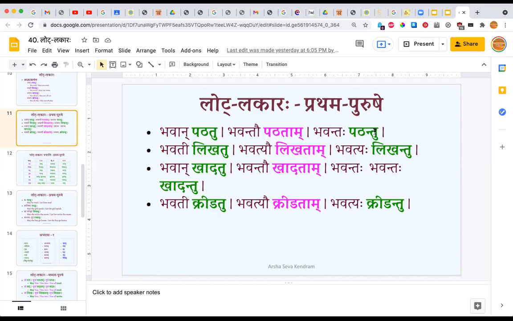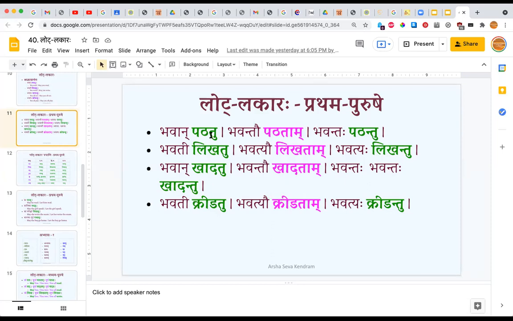Ekavachana, Dvivachana, Bahuvachana. Bhavan Pathatu, Bhavantau Pathatam, Bhavantah Pathantu. Bhavati Likhatu, Bhavatyau Likhatam, Bhavatyah Likhantu. So Pathatu, Pathatam, Pathantu, Likhatu, Likhatam, Likhantu, Khadatu, Khadatam, Khadantu, Kridatu, Kridatam, Kridantu, ityadi.